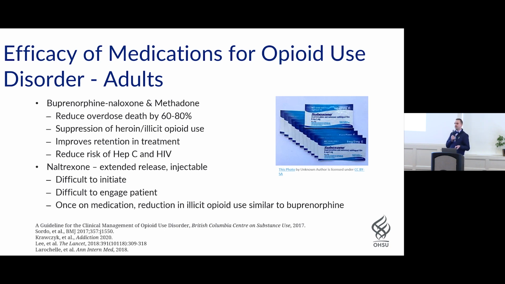And then they don't show up for their next injection, and they use the same amount of opioids that they were using before they got the injection. Usually that doesn't end well. So I think retention is challenging in naltrexone, but like I said, it works well for people who it works well for, and it is FDA approved.